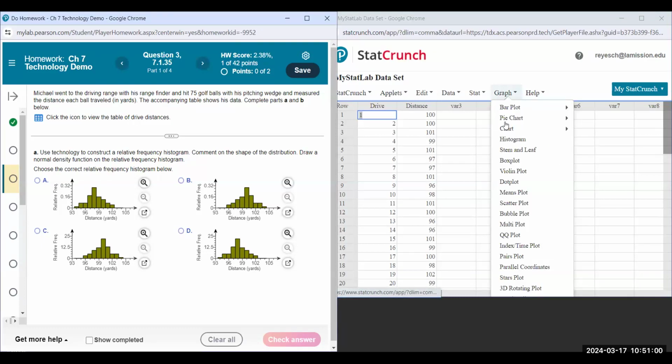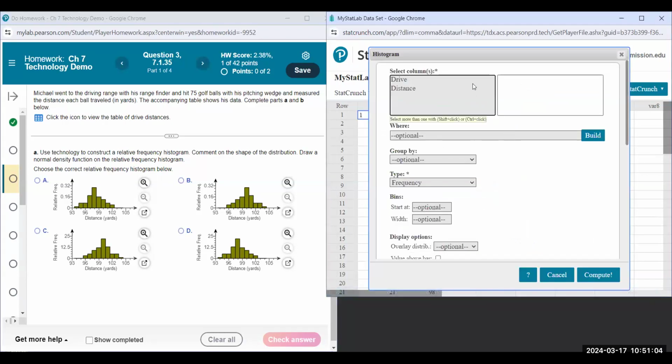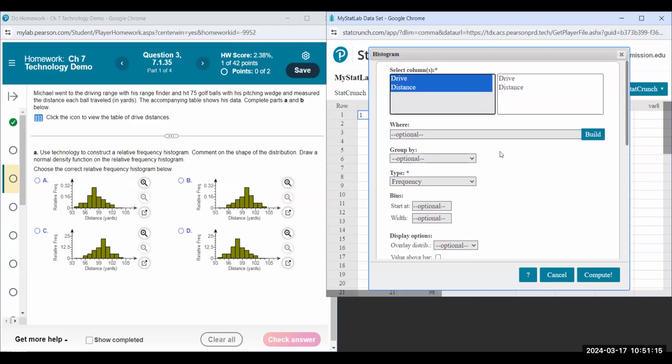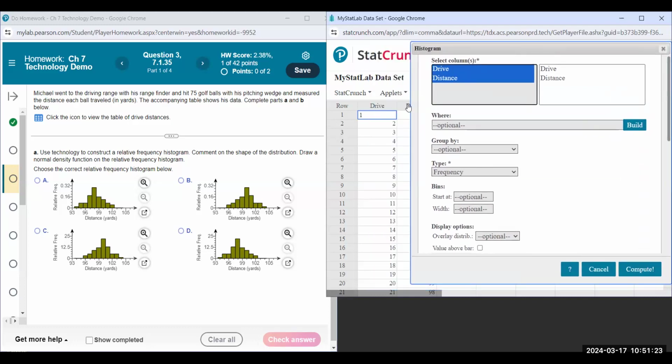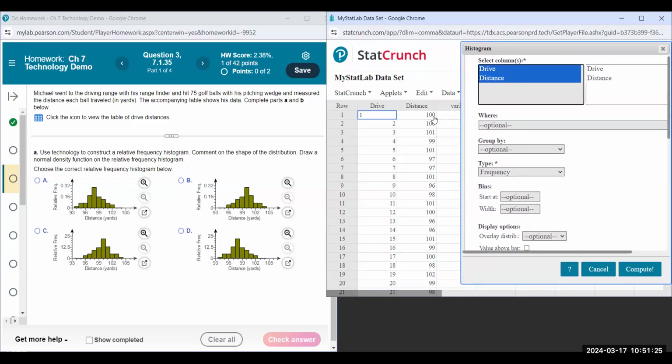So graph, histogram, and then we'll select both drive and distance. And then here it's frequency, like how many times did he hit 100 yards, and how many times did he hit 99 yards, and build the bars.